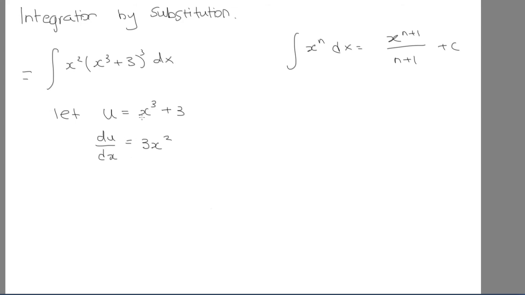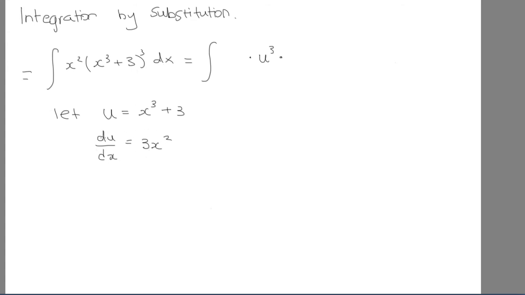And then this whole thing, I'm going to rub this one off. And then this whole thing is going to look like this. Integration with this bracket here, that's going to be u to the power of 3, is that right? But then I have x squared dx.